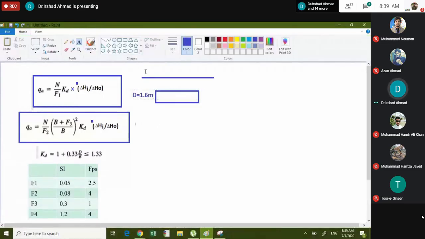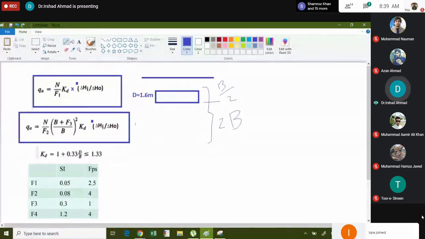And this is the major zone of stressing, from B by 2 to 2B. This is the major zone of stressing.